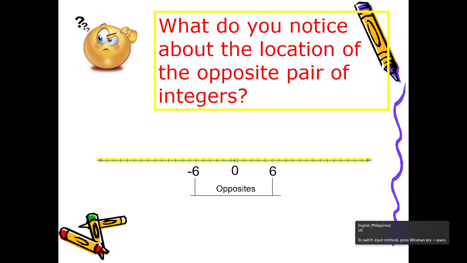So if we have -6 and +6, both these two numbers have the same distance from 0. -6 is 6 units away from 0, and +6 is 6 units away from 0. However, their directions are different. -6 is at the left of 0, and +6 is at the right of 0.